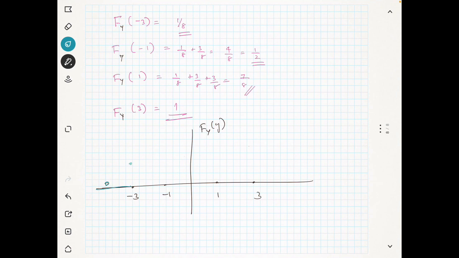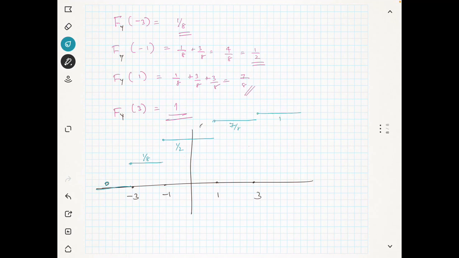From minus 3 till the left side of minus 1 it was 1 by 8, and from minus 1 onwards it becomes 1 by 2, continuing till 1, where its value becomes 7 by 8, and at 3 it becomes 1.